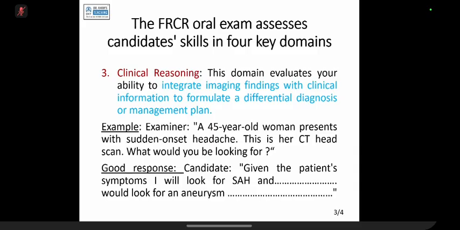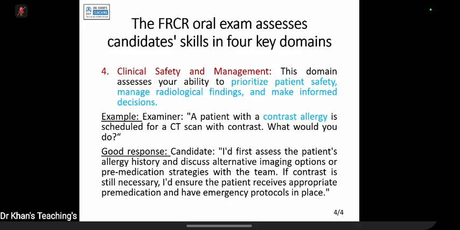And your thought process will completely change according to the clinical history provided. And the term clinical reasoning means you integrate imaging findings with clinical information to formulate a differential diagnosis or a management plan. And finally, is the term clinical safety and management.